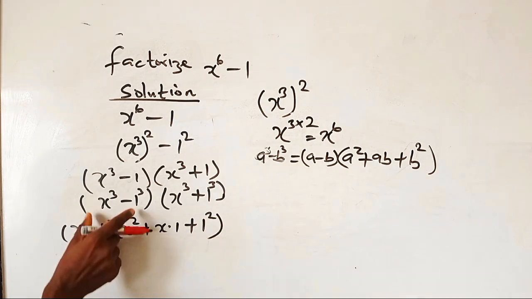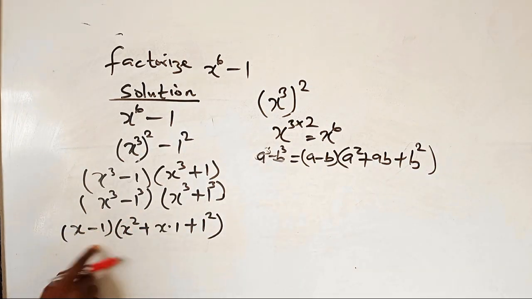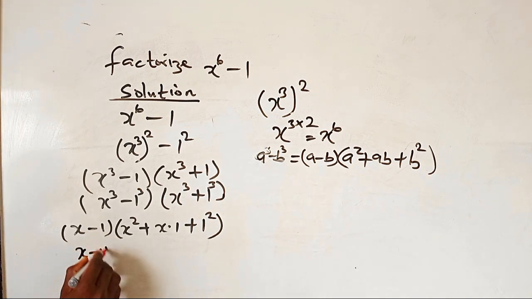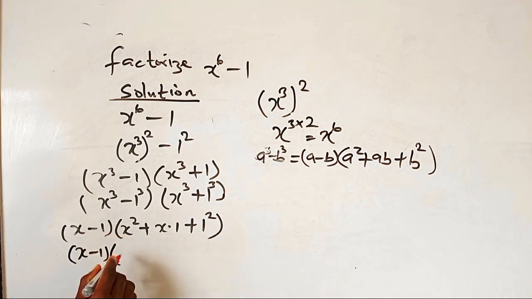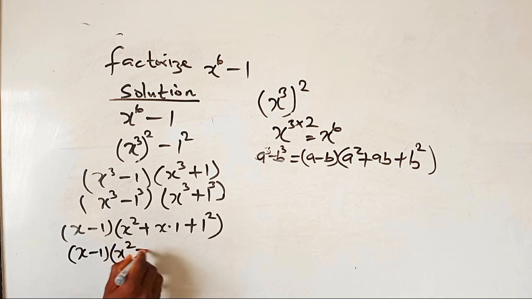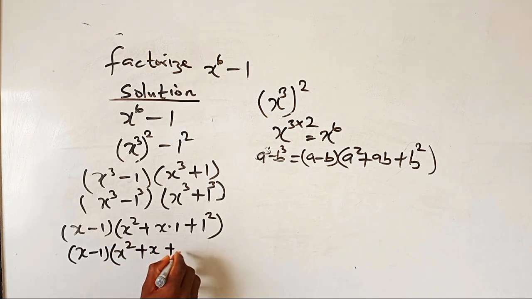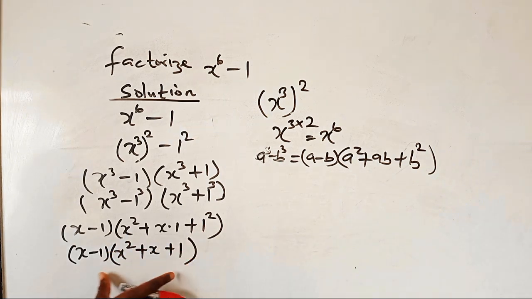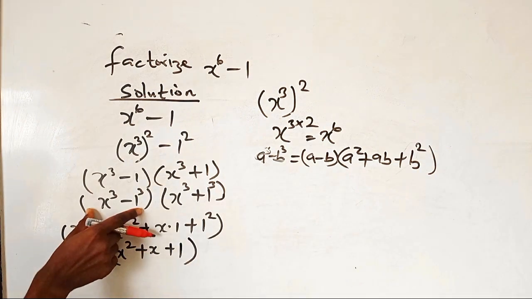When we simplify this further, we have x minus 1 times x squared plus x plus 1. So this is the result of this.